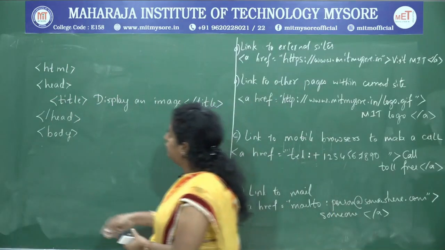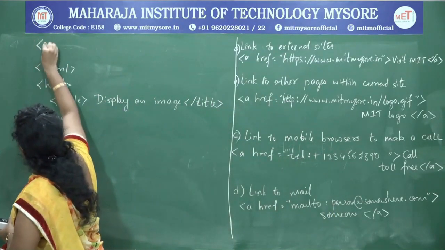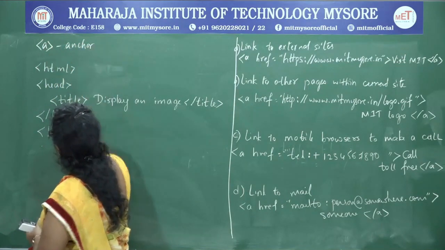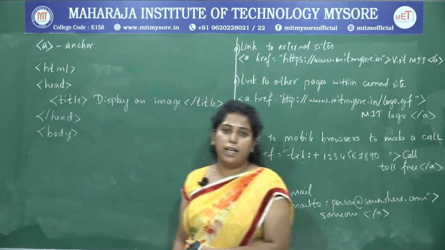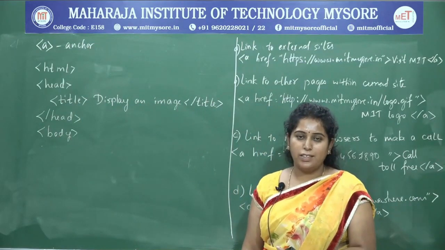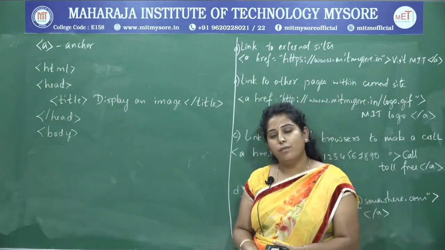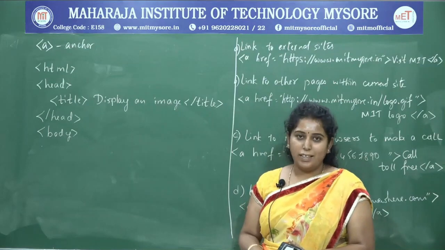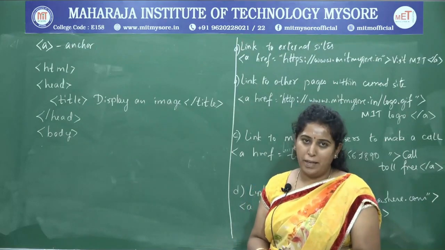Fine. So let us take up the next tag, that is the a tag, which stands for anchor tag. This is the tag which is used for creating a hyperlink. It means a link which makes us access a document in another file or another path.